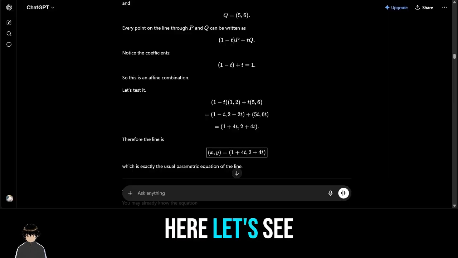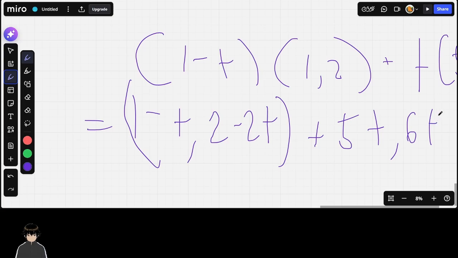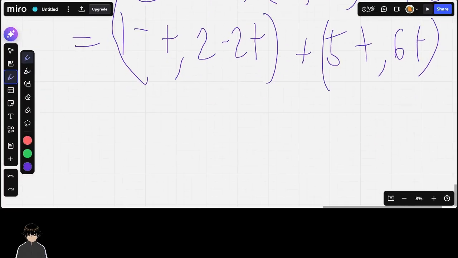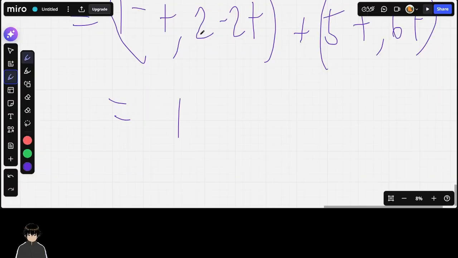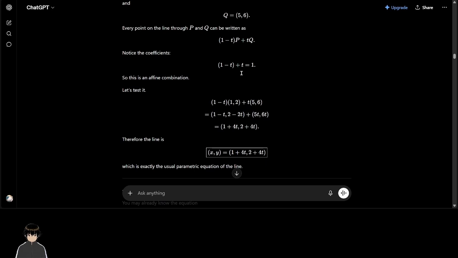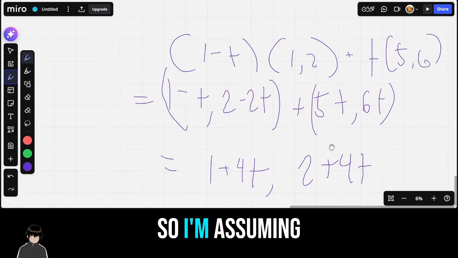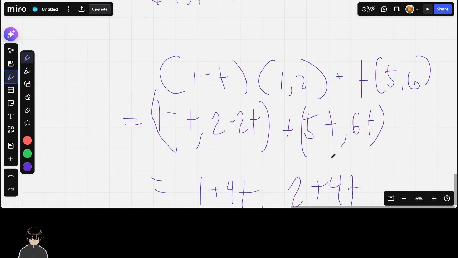So we have here plus 5t, 6t. All right. So I'm assuming what happened here is that, okay, see, we have another t here. So another t times.